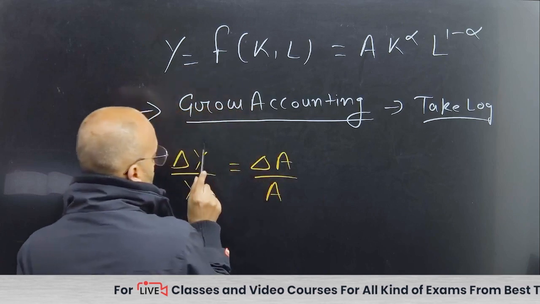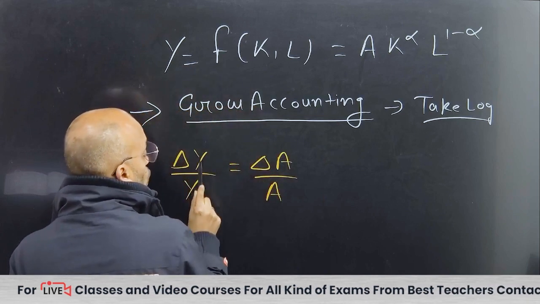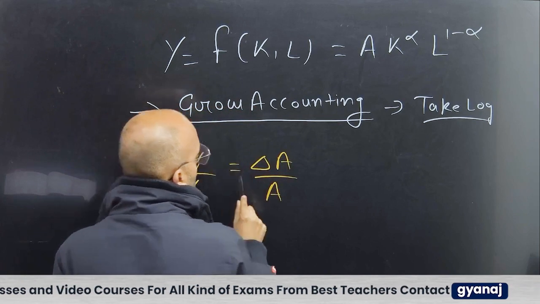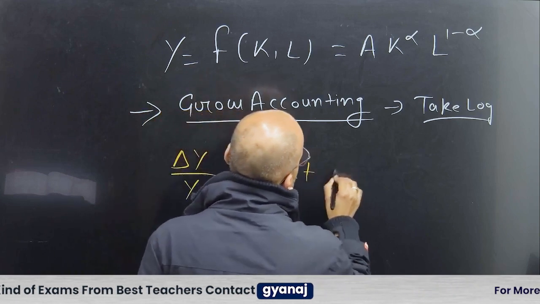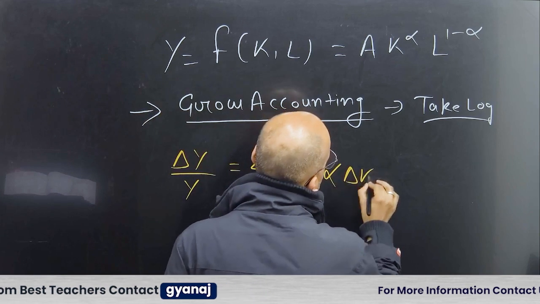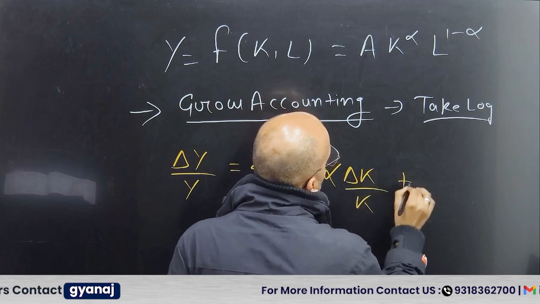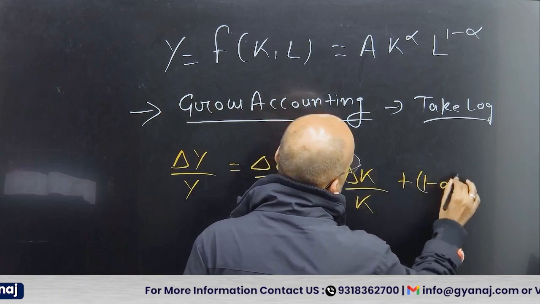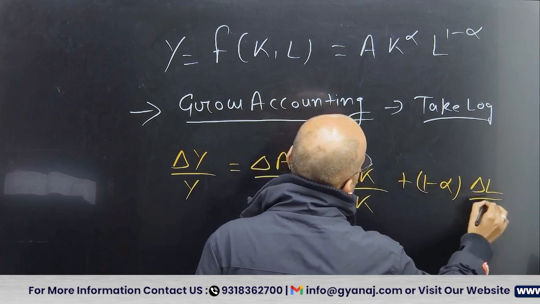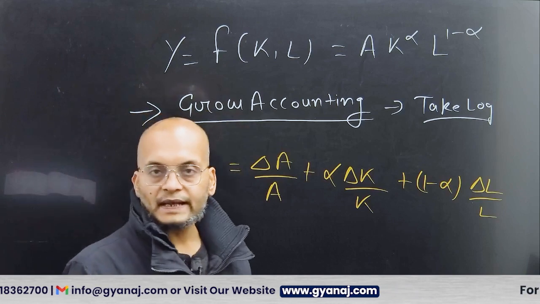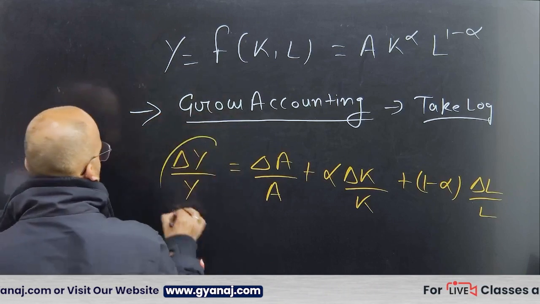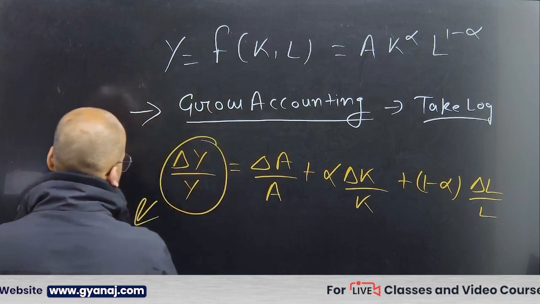So this is growth in output upon output, equal to growth in technology upon initial technology, plus α into growth in capital upon original capital, plus (1−α) ΔL/L. That's what we can say, right? So this is change or growth in output.